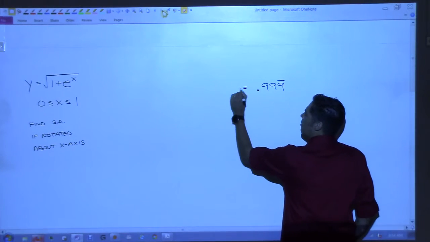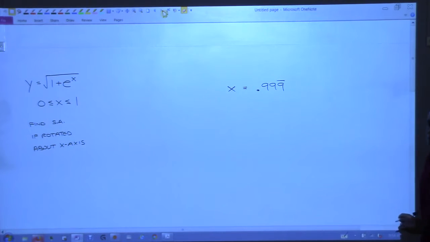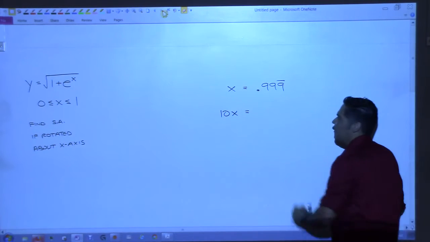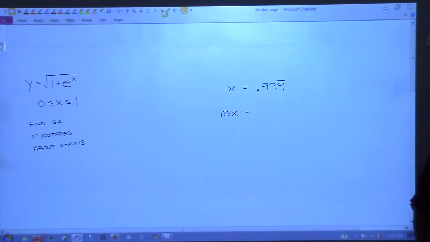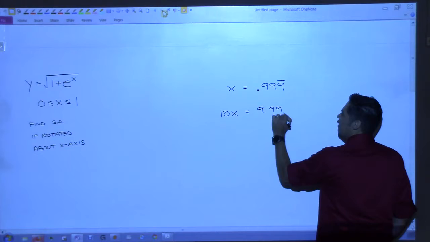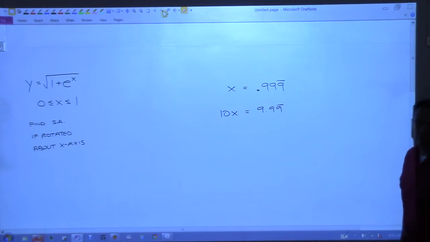Let's call this x. What's 10x? If I multiply that by 10, what happens to the decimal? It moves over, so isn't this 9.99, with the 9s going on forever?